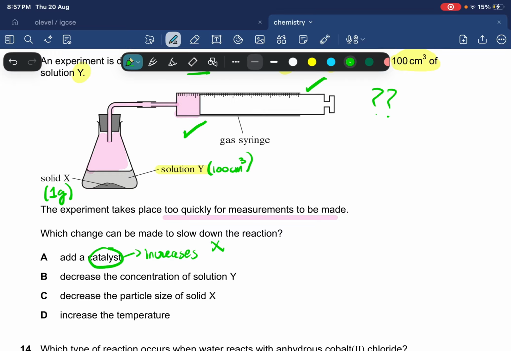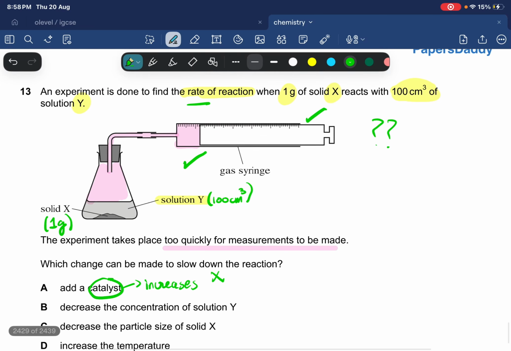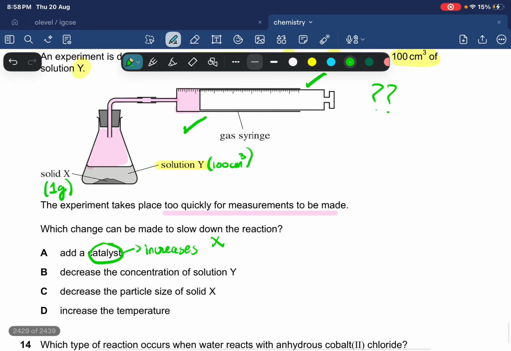Decrease the concentration of solution Y. We need to slow down the reaction, and if we decrease the concentration of solution Y, we can slow the reaction, because more concentration means faster reaction.